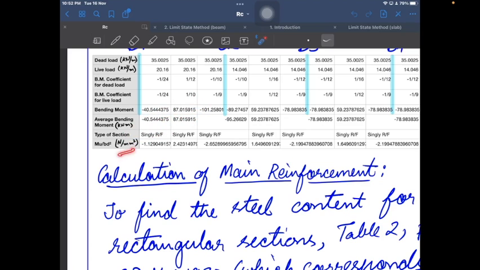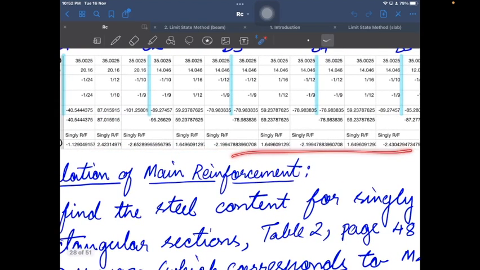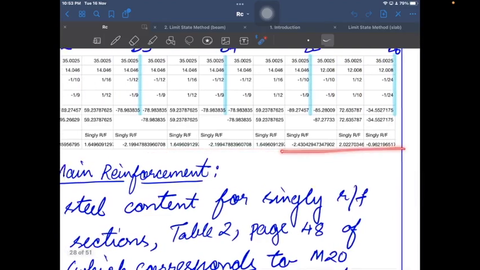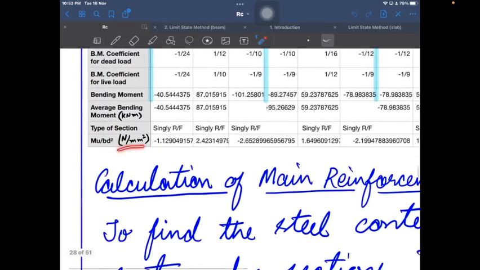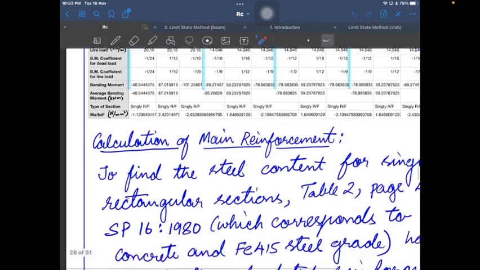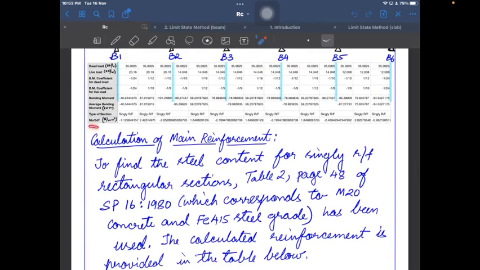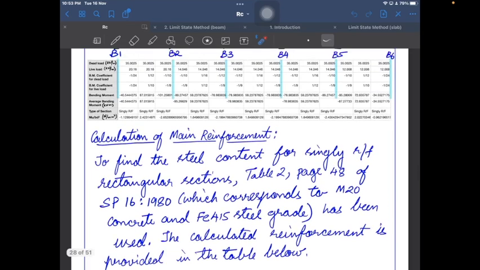So we get these values. Keep a note of the units as well. After that we have to calculate these values. I hope things are clear till here.